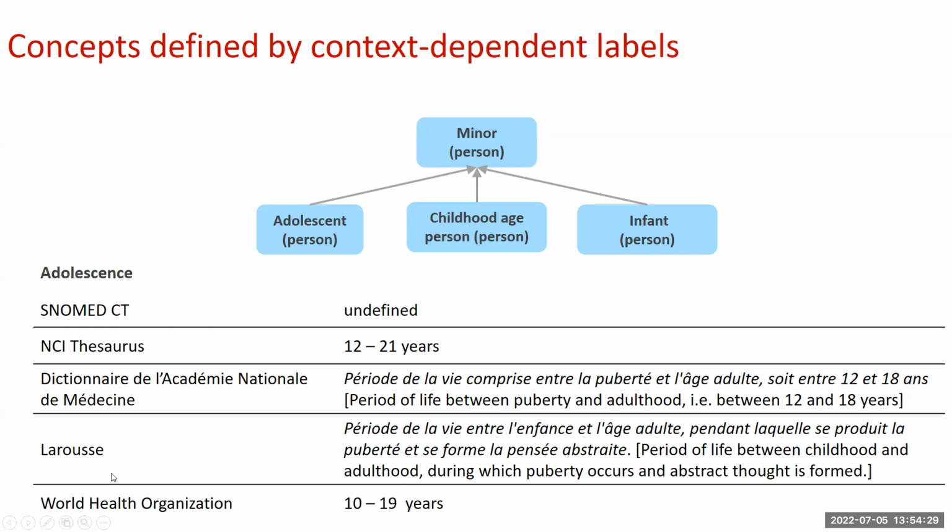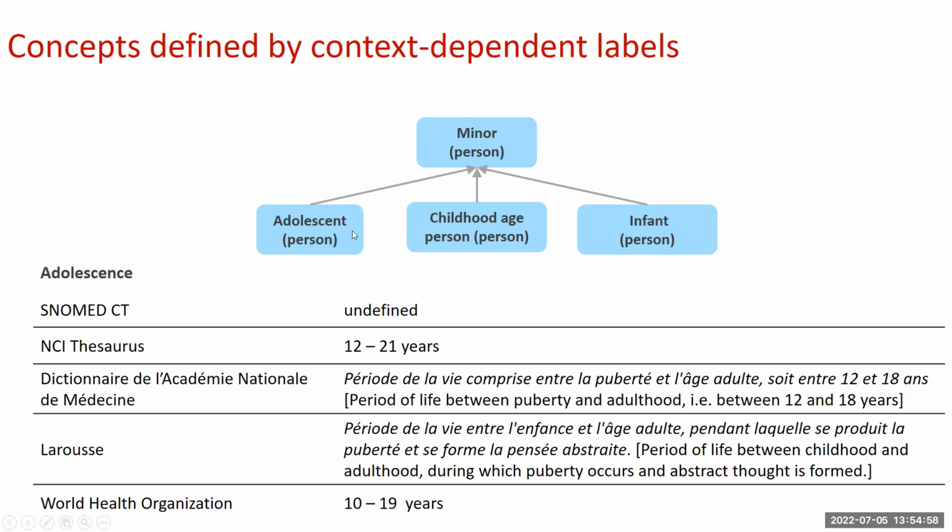I did this once for a talk in France, where I also looked at French sources. Here you have 12 to 21, WHO says 10 to 19, or in France it's between 12 and 18, and here it depends on certain physiological phenomena like puberty.